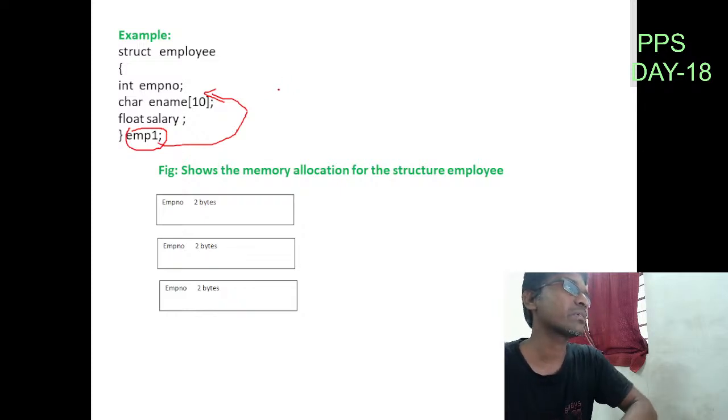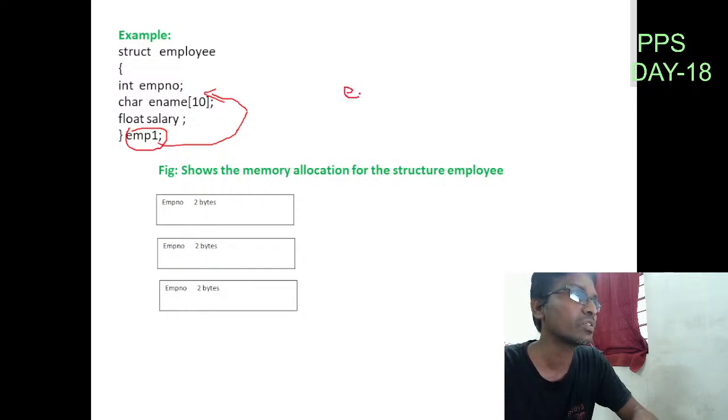For example, if you want to access the employee number in the employee structure, then you have to use a structure variable. The structure variable here I am using is emp1, followed by the dot operator, followed by the structure member emp number.